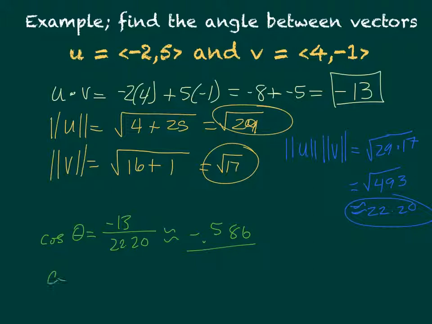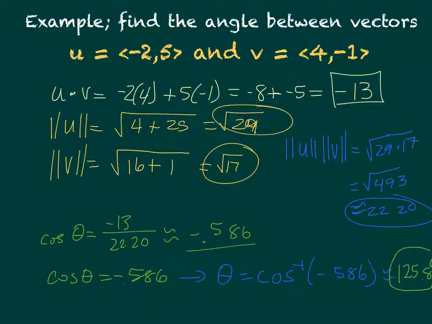And now I have cosine of theta equals -0.586, and I need to take the inverse cosine. So that would be theta equals the inverse cosine of -0.586. And then type that in the calculator and get your estimate answer for theta, which is approximately 125.8 degrees. So that is your final answer.